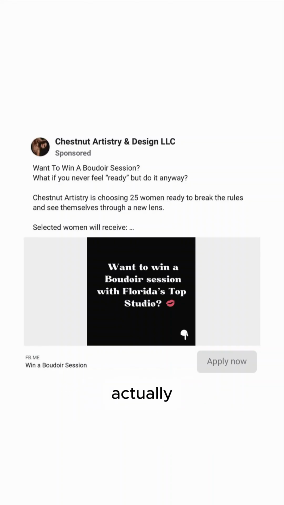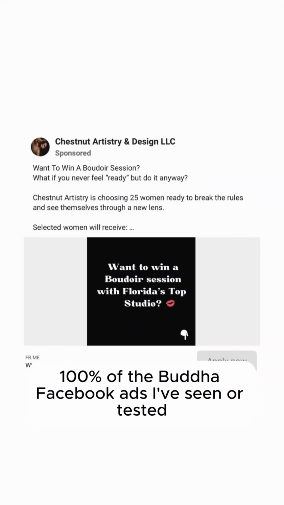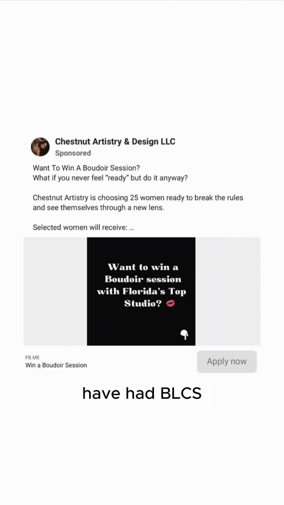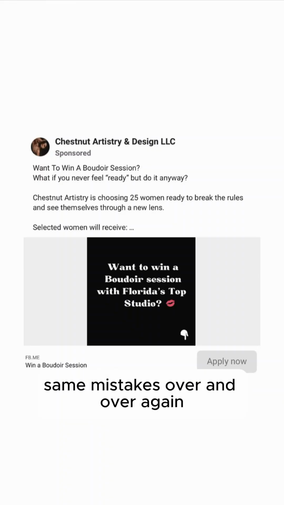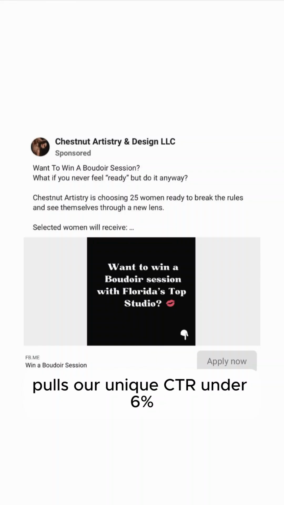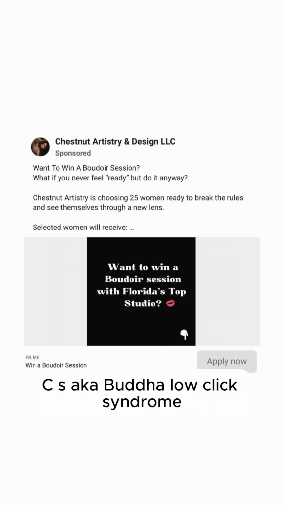Well, actually, 100% of the boudoir Facebook ads I've seen or tested have had BLCS, because everyone's making the same mistakes over and over again. So the consequence pulls our unique CTR under 6% and contributes to BLCS, aka boudoir low click syndrome.